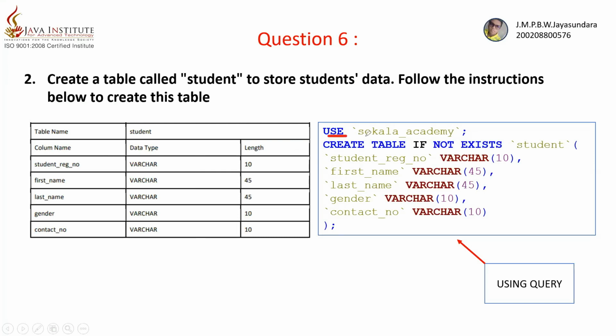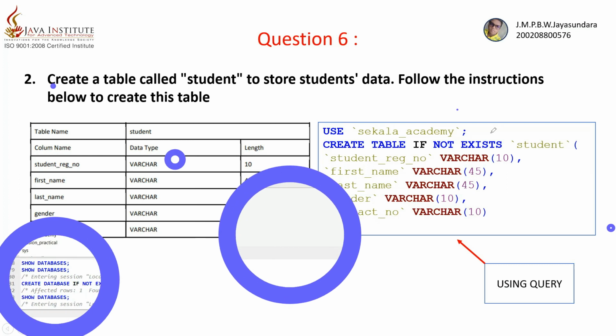Here we have defined our database, and then here we have created our create table query, and we have given this table name as student. Within the opening and closing bracket, we have given our column names, data types and data lengths. So let's go and see how we can create this table practically.